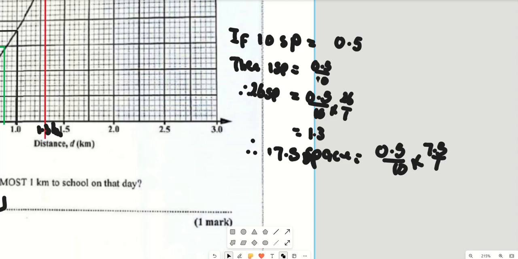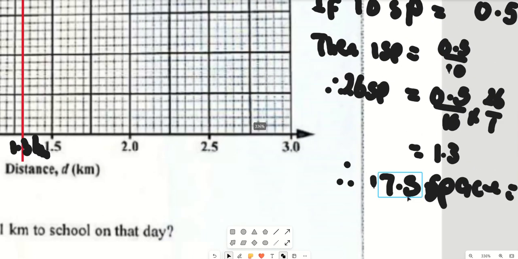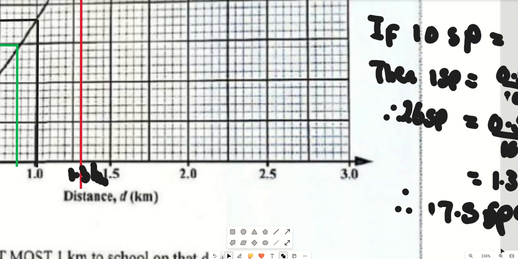Which is equal to, one second, we need to just zoom in a little bit more for me to make sure that it is 17.5. Right? No, it's actually right at the tip of 18.